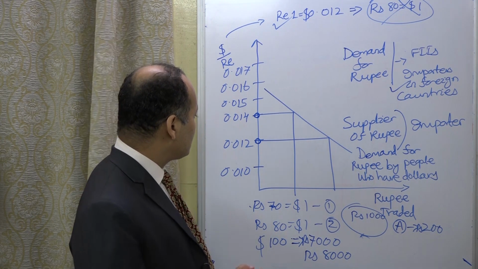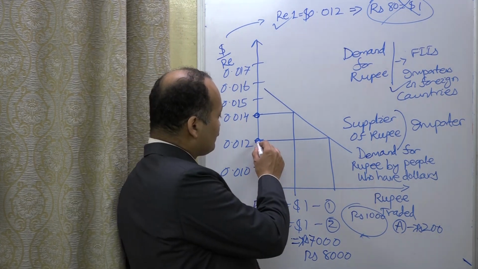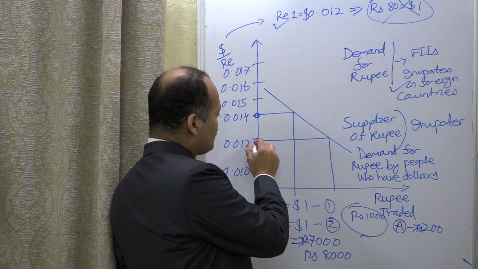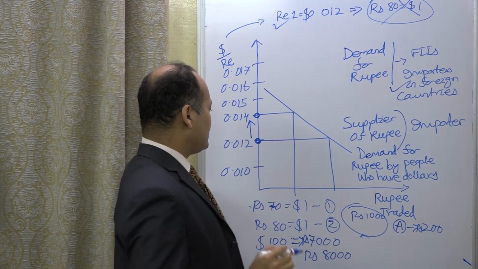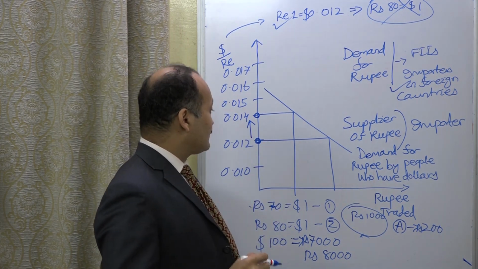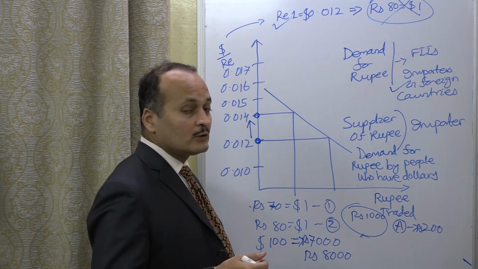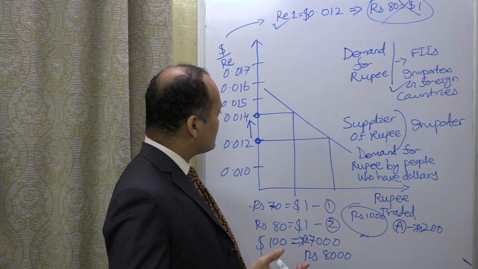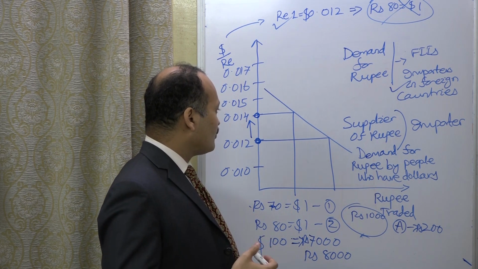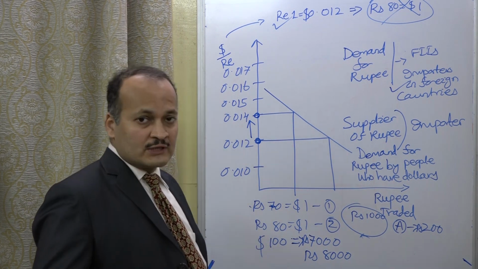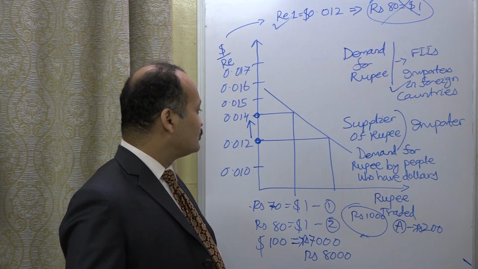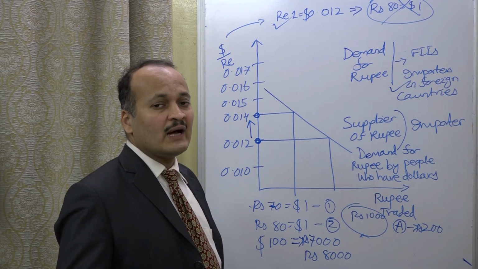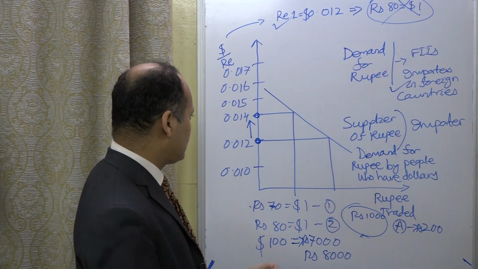So as the rupee is appreciating, as we are moving up, the propensity to import will be higher, because with the same rupees you can get more goods in dollar terms, or to get a specific amount of goods in dollar terms you require lesser rupees.